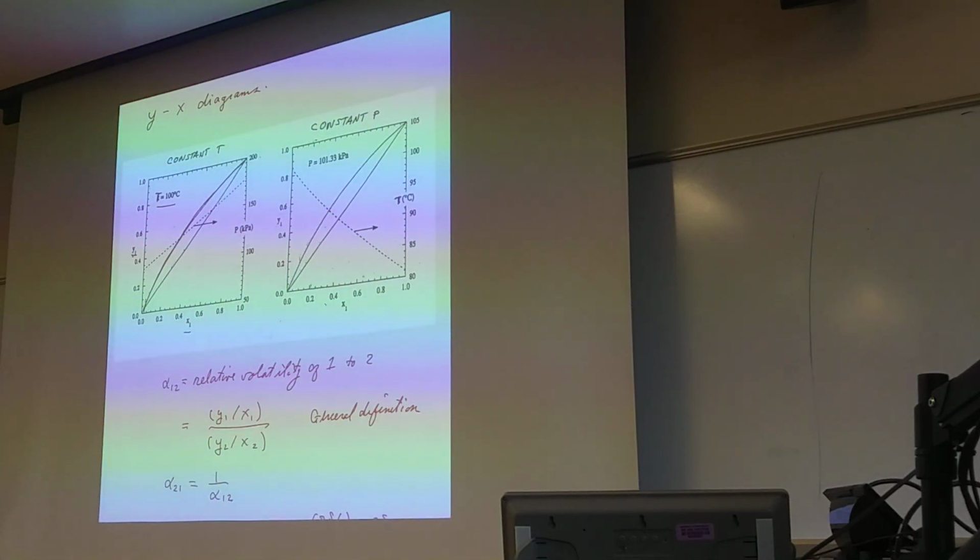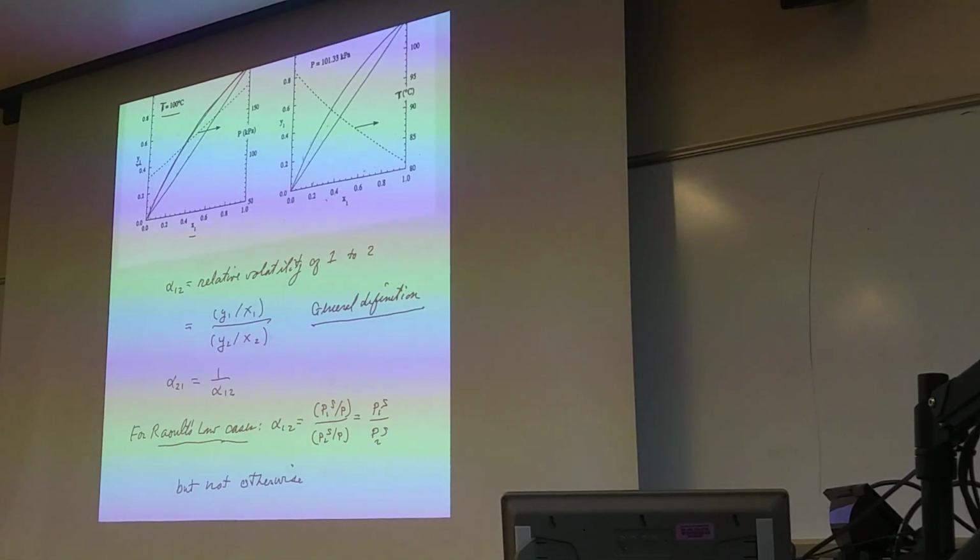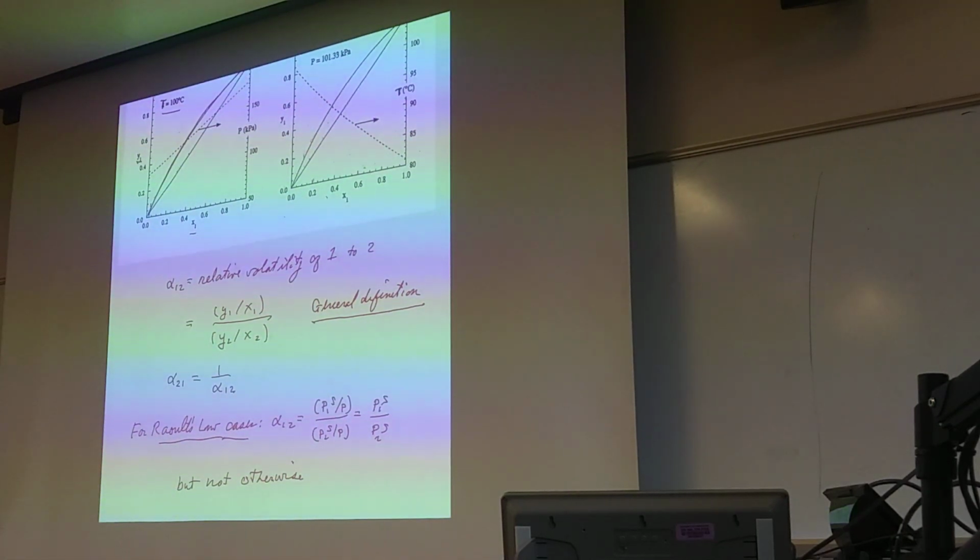I've given you one that applies only to Raoult's law up to this point. So this is the general definition, and you really must know this. The relative volatility of 1 to 2 is y1 over x1 divided by y2 over x2. And alpha 2,1 is 1 over alpha 1,2, which is sort of obvious.